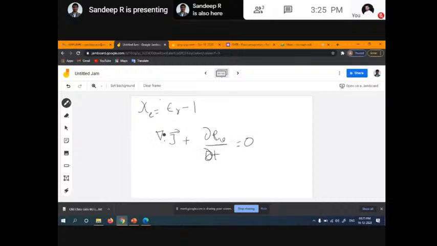This forms the basis for Kirchhoff's current law. We also have Ohm's law, which is J equal to sigma E, where J is the current density, sigma is the conductivity and E is the electric field intensity.